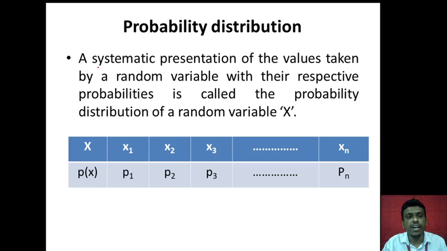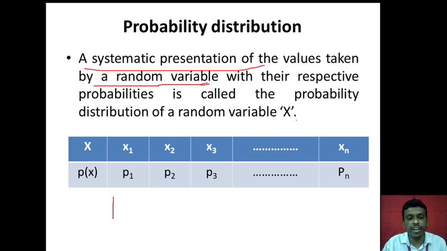By definition, it is a systematic presentation of the values taken by a random variable with their respective probabilities, called the probability distribution of the random variable x.